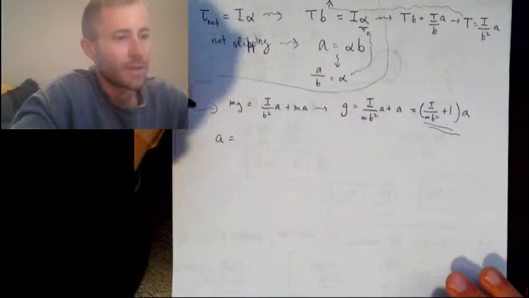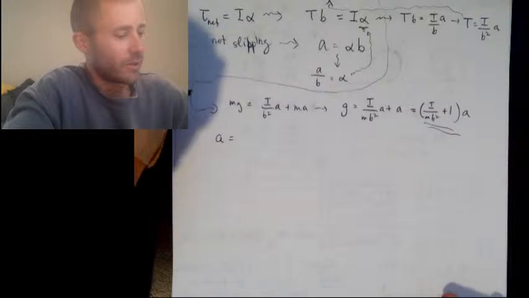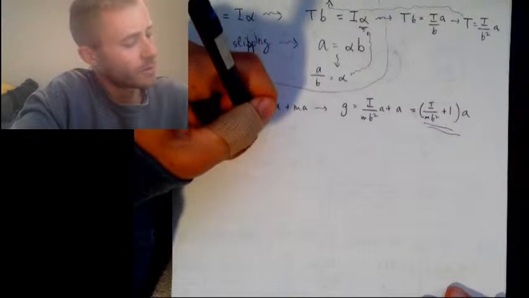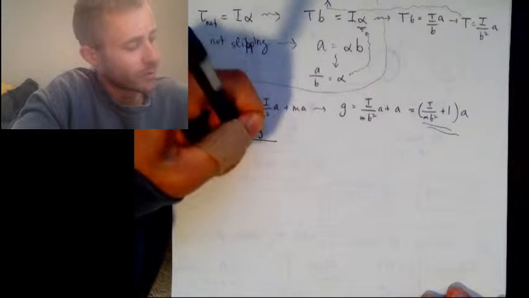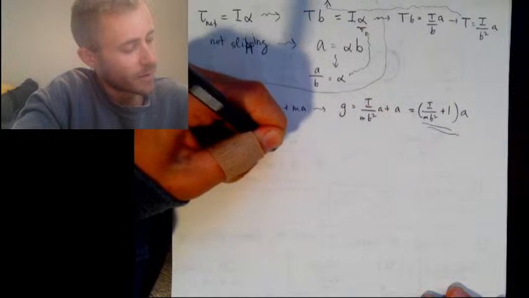What you get is that the linear acceleration is equal to g over the quantity 1 plus I over mb squared.